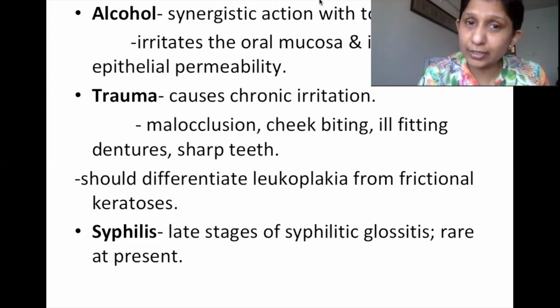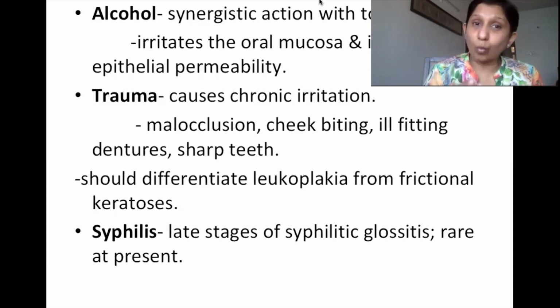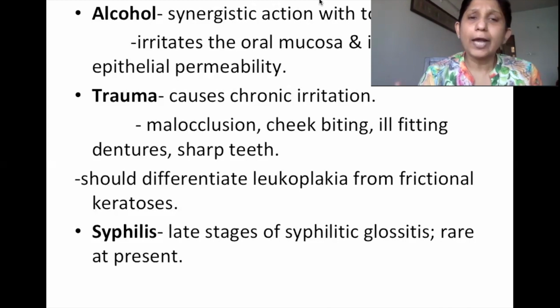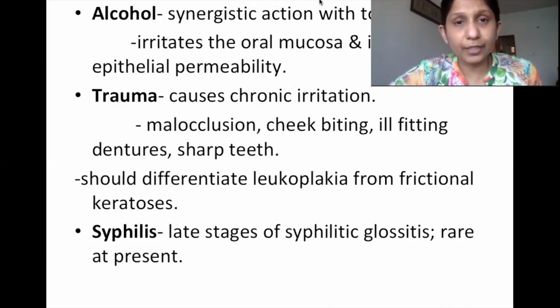So due to frictional keratosis, you can have a white colored lesion, but when you take a biopsy, you will realize that there's only an increase in stratum corneum. But in leukoplakia, other than the increased hyperkeratosis or hyperparakeratosis, you would also see grades of dysplasia in the lower cells.